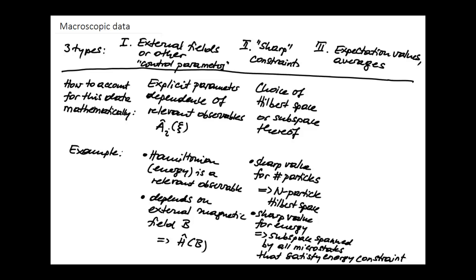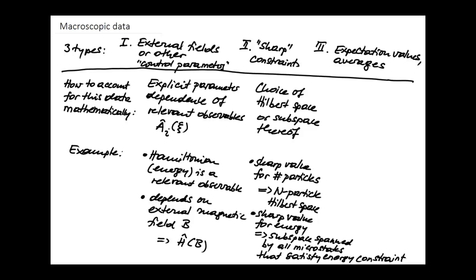And then comes the most interesting type of macroscopic information. That's when you are given expectation values or averages. Well, basically the first two constraints fix the Hilbert space that you work in, and they fix the possible parameter dependence of your relevant observables.